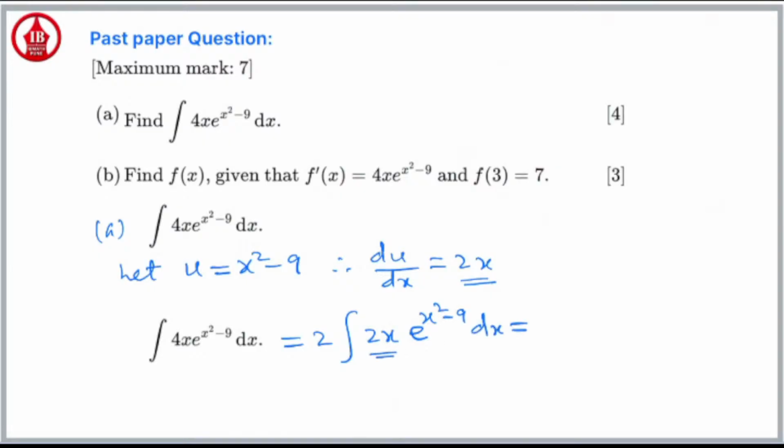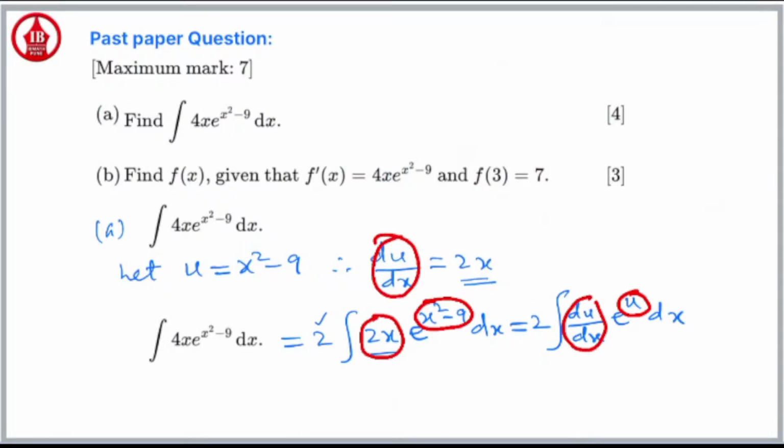Now this 2x will become du by dx. So 2 is outside. So this one as it is. Okay, du by dx and e to the power u and the dx as it is. See here. This dx I am writing as it is. E to the power x square minus 9 will be e to the power u. 2x will be du by dx, which is here. I hope you understood all these things.